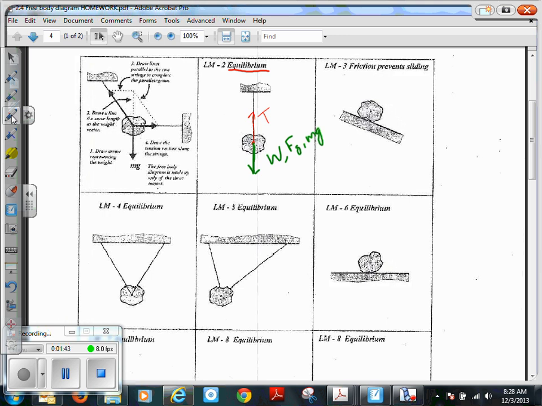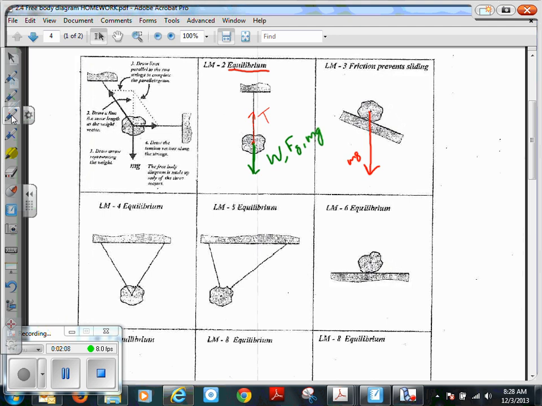Okay, so on this one, friction prevents sliding. The first thing we always have is what? Gravity, right? And then, because gravity is a vector, we can split it up into parts.